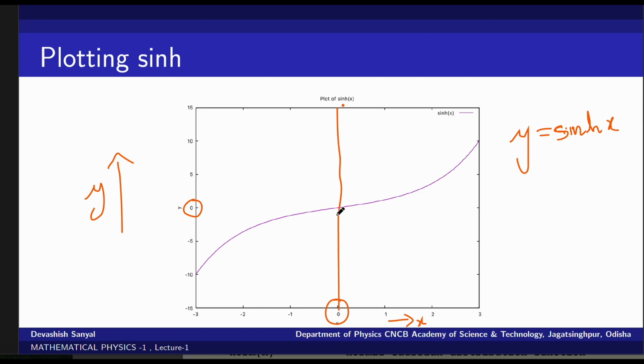On this side x is positive, so this is the x positive side, and this is the x negative side. And this is my y is equal to 0 line.